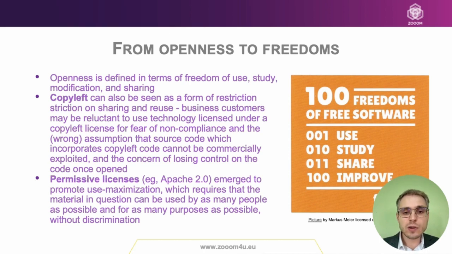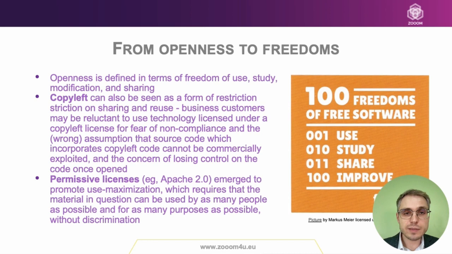In this sense, copyleft, some say, can also be seen as a form of restriction on sharing and reuse. For instance, business customers may often be reluctant to use technology licensed under a copyleft license for fear of non-compliance, the wrong assumption that source code which incorporates copyleft code cannot be commercially exploited, and the concern of losing control over the code once it has been opened.